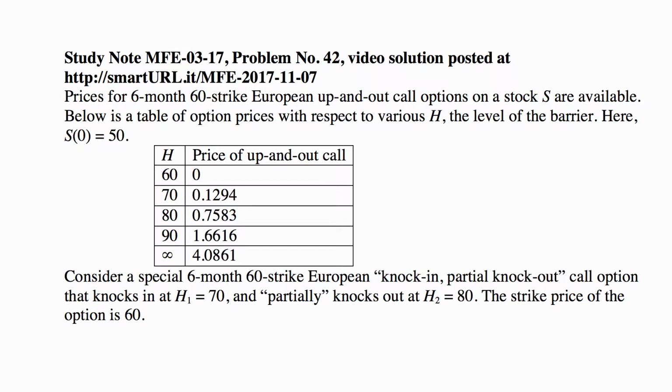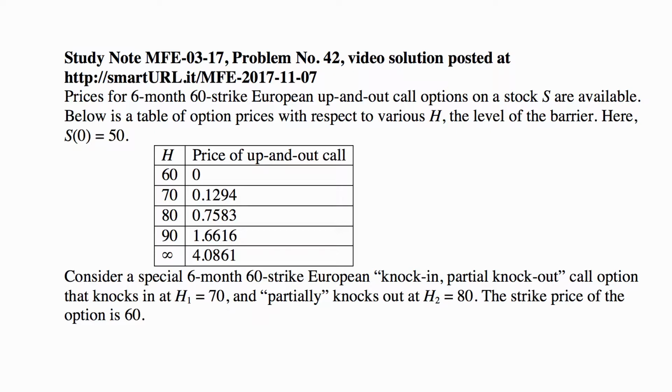Prices for a 6-month 60-strike European up and out call options on stock S are available. Below is a table of option prices with respect to various H, the level of the barrier. Here S of 0 is 50.